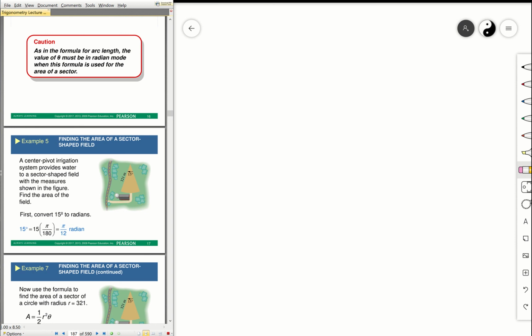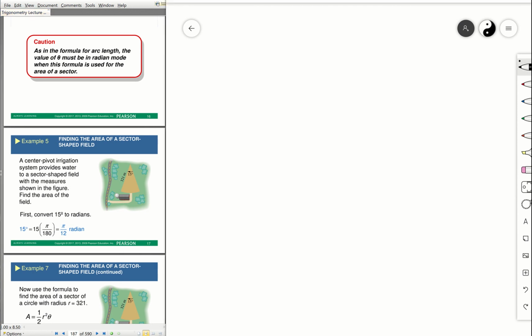The angle of rotation is 15 degrees, and the radius of rotation is 321 meters. Basically what we're asked to do is find the area of that sector.